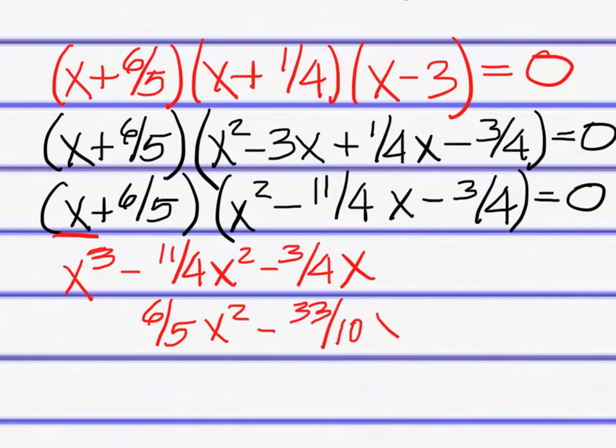Always reduce when you can as you're doing it. And then here times this. That's going to be a minus. 6/5 times 3/4 is 18 over 20. 18 over 20 is the same thing as 9 over 10.